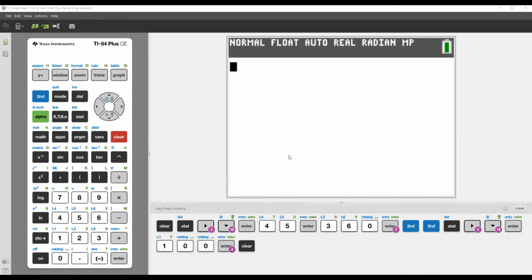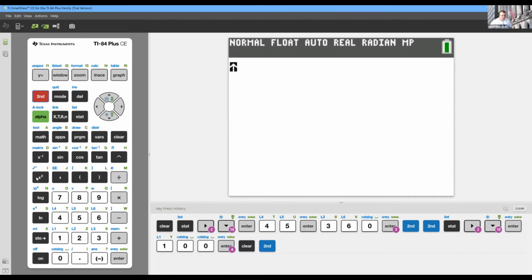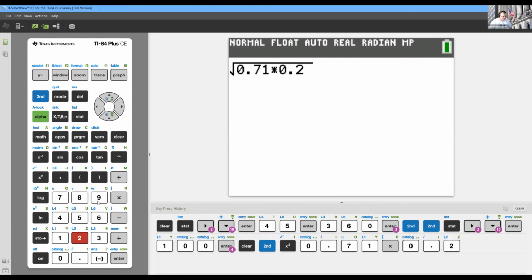Right, so I'm about to do that calculation that I had written down. It's the square root of 0.71 multiplied by 0.29, all divided by 200.